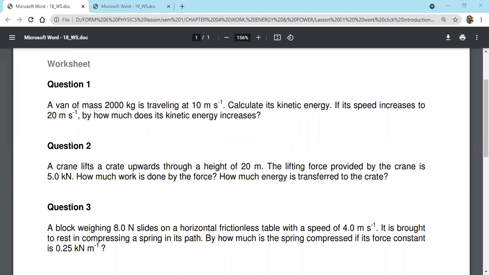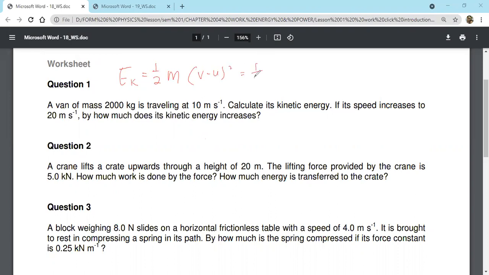For this one, we use the equation to find out the kinetic energy, right? So how much does the kinetic energy increase? We use EK equal to 1/2 m (v minus u) squared.